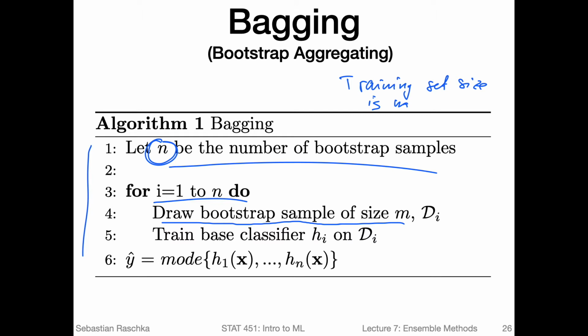So for each bootstrap round you draw a bootstrap sample of size m. So you have n bootstrap samples of size m when you do the bagging, where m is the size of the training set.